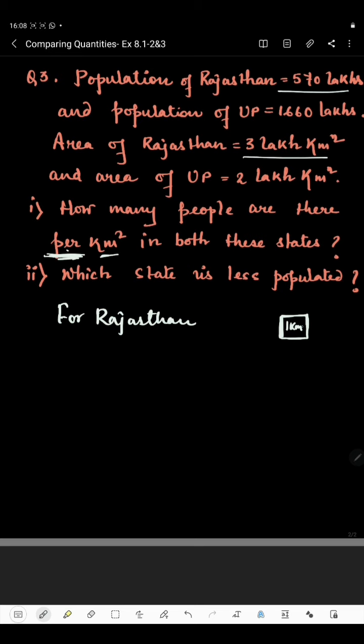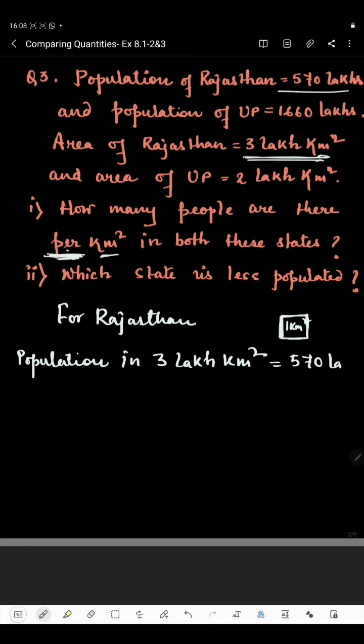So this is 1 kilometer square area. Here we have been given that the population of Rajasthan is 570 lakh in 3 lakh kilometer square. Means the area is 3 lakh kilometer square, and in this area 570 lakh people live. We have to find per kilometer square, means how many people live in 1 kilometer square.